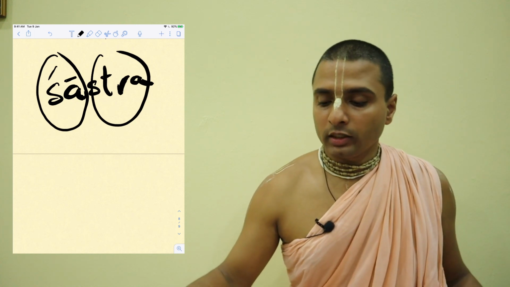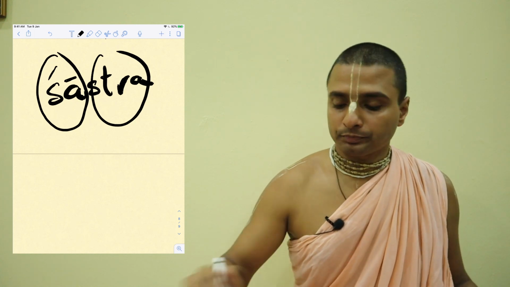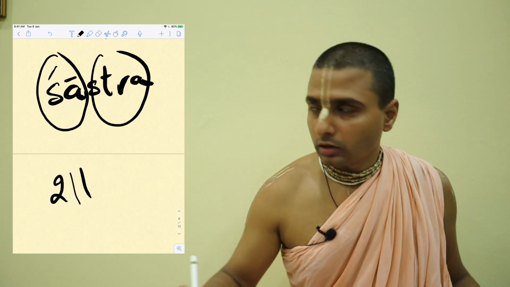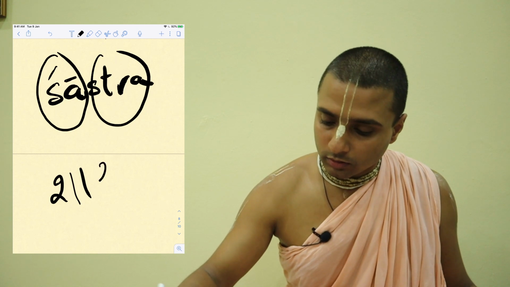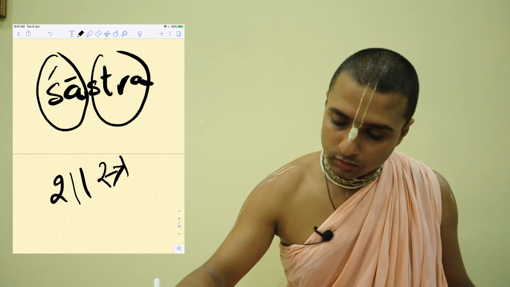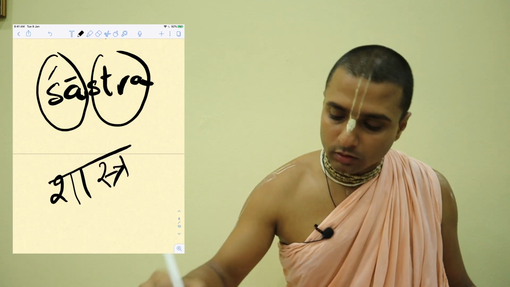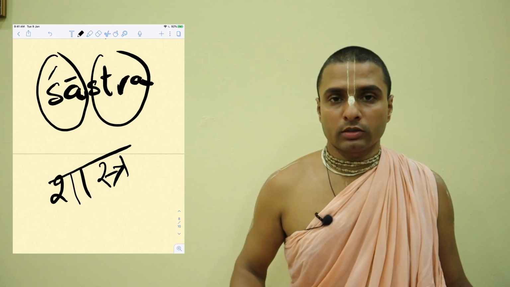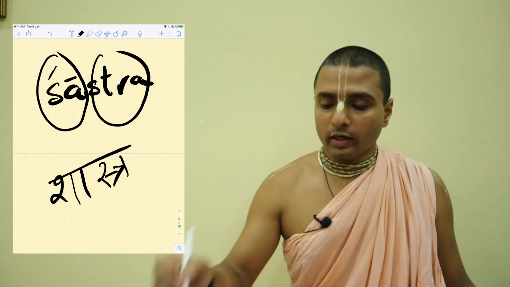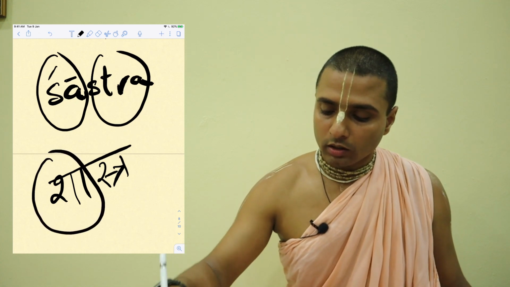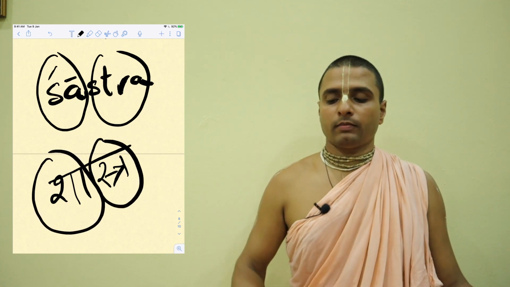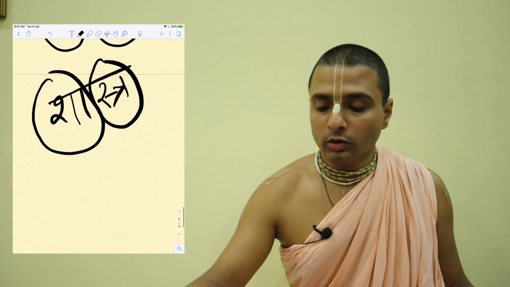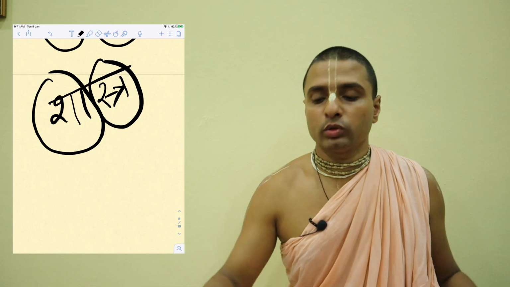Although in English we have six alphabets, in Sanskrit, if you write Shastra, there are only two characters, two alphabets, Sha and Stra. In English, you probably won't be able to divide it into the two syllables.